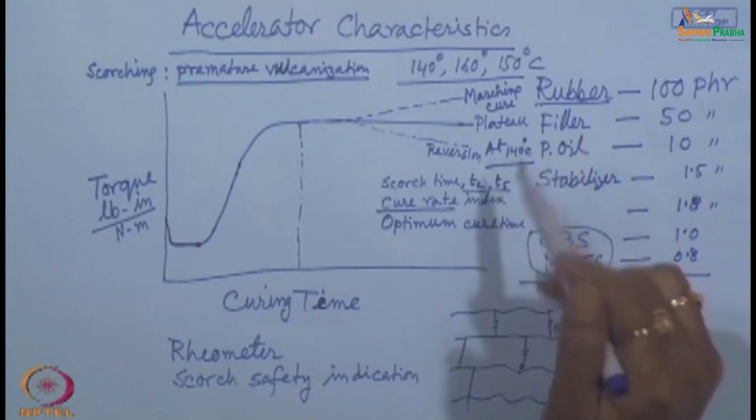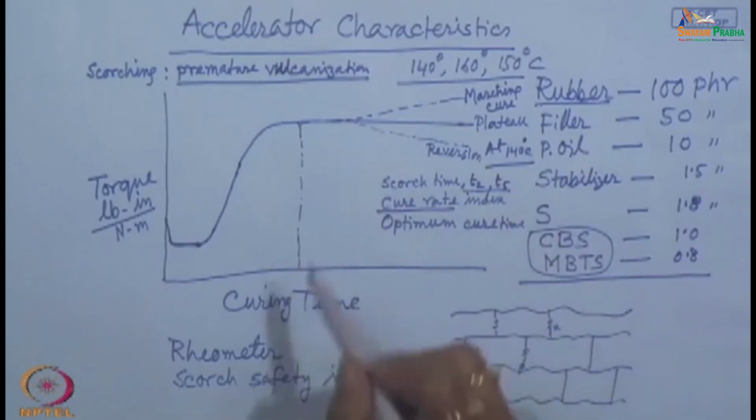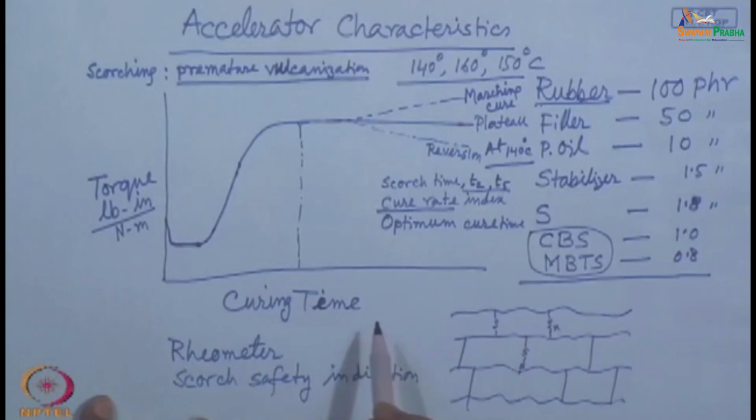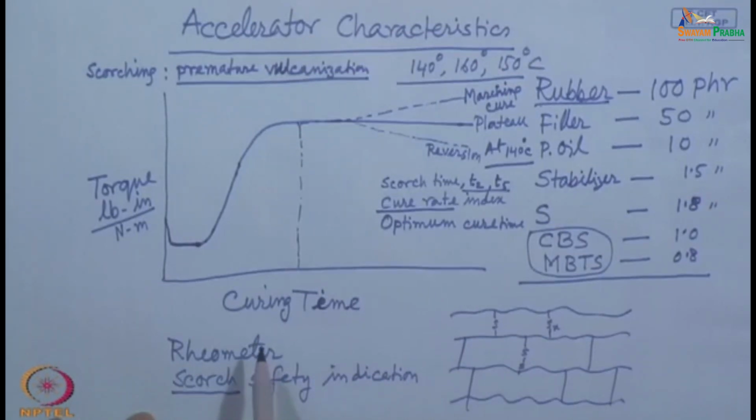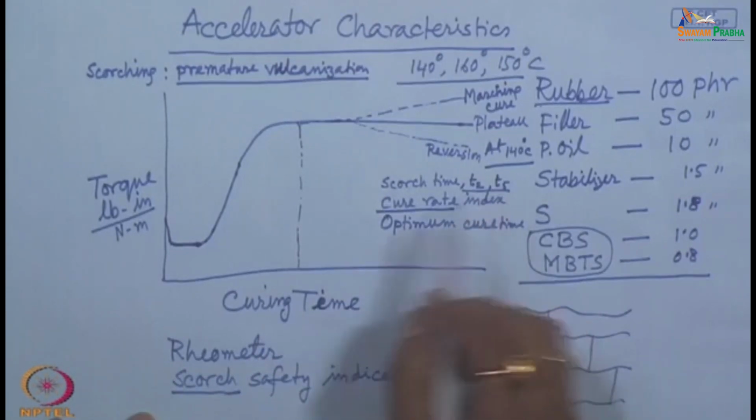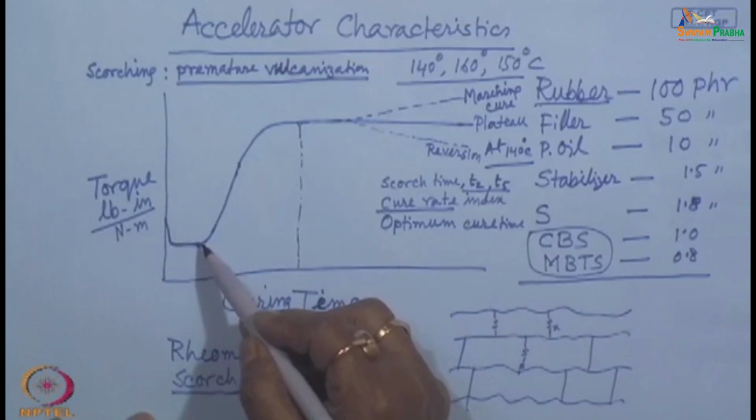That means the temperature rises, so it should remain uncross-linked at that temperature during processing and fabrication. If that reaction starts during fabrication, that is known as scorching or premature vulcanization, which should be prevented. In order to get that information, the scorch time information is very much important.